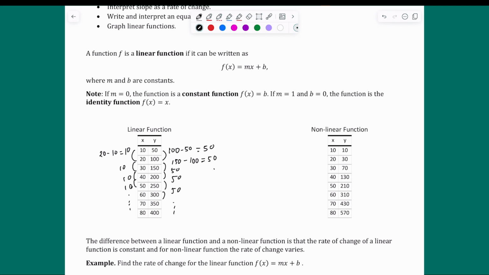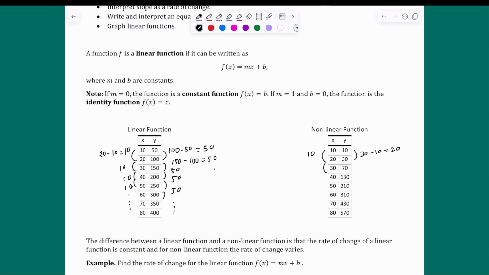All right, but does that carry over with something that's not a line or a linear function? So once again, if you take two consecutive ordered pairs and look at the change in input, we see that we get a change of 10 there, right? 20 minus 10 is 10. Here we get a change in output of 30 minus 10, which gives us 20.